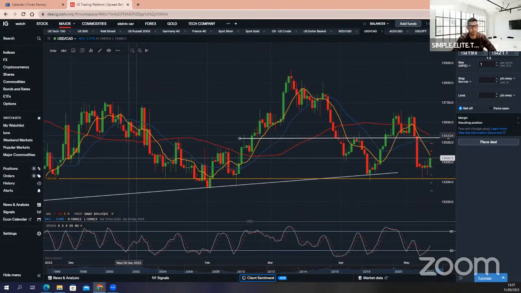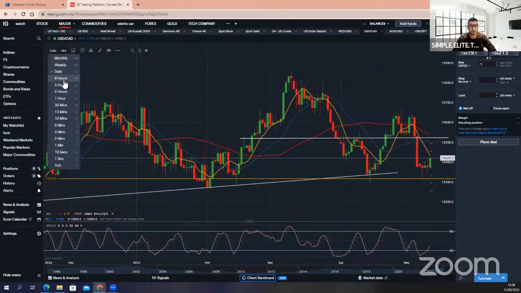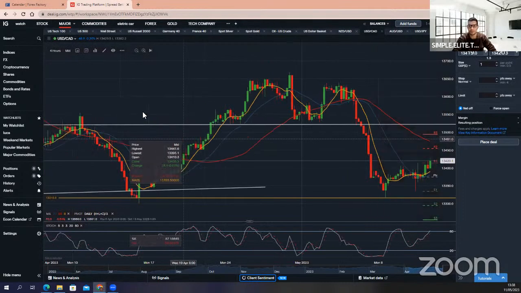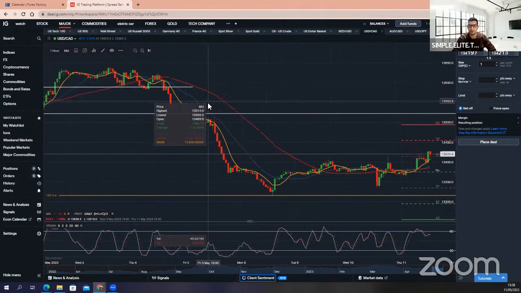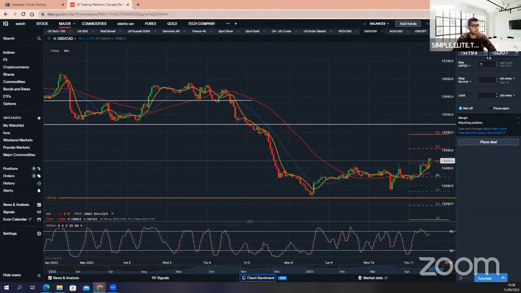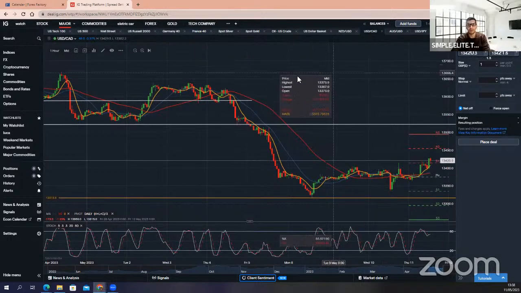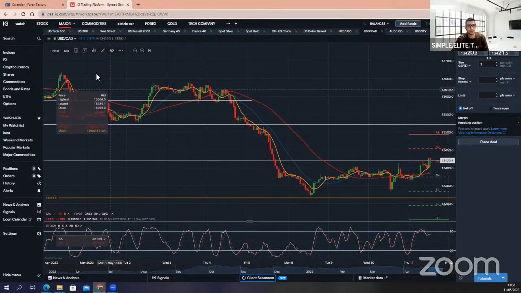So we could probably see price hitting the resistance line here. I could probably trade it as well, but it's not on top of my list. Let's drop the time frame. No, there is no more reward to risk, so it's not on top of my list. Euro and pound are better for me. So this is about the currency prospects. Buying US dollar is on top of my list.